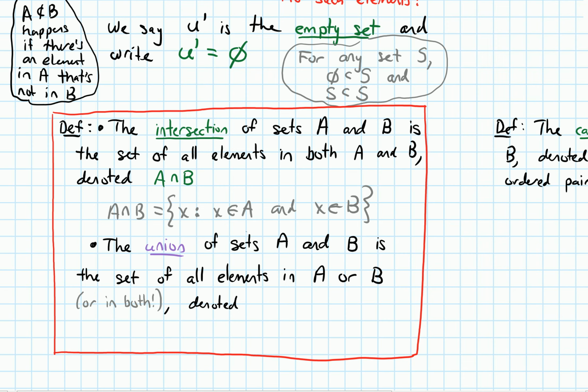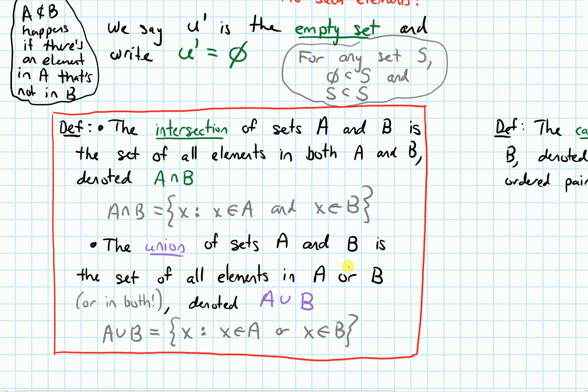And this is denoted with an A and then a U shape, and then B. If we were to write this with a rule, we'd write A, that U shape, B. So we read that as A union B equals the set of all X such that this time X is in A or X is in B.